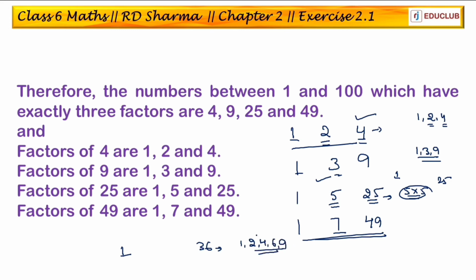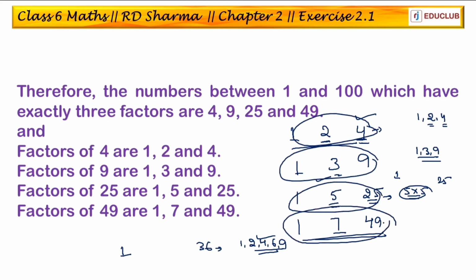So this will not work. So your answer is: this number should be the square of a prime number. Only then will that number give 3 factors. 4 will have 3 factors, 9 will have 3 factors, 25 will have 3 factors, and 49 will have 3 factors. Other than these numbers, we will have more than 3 factors.